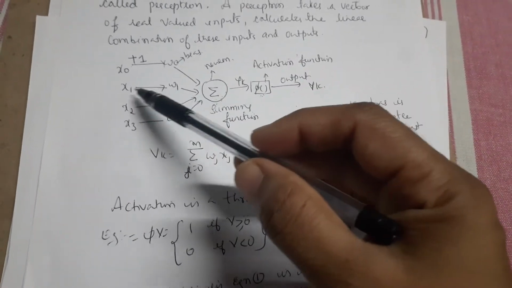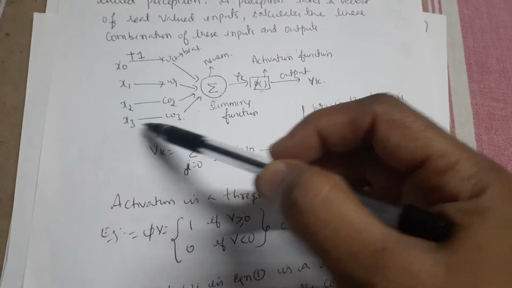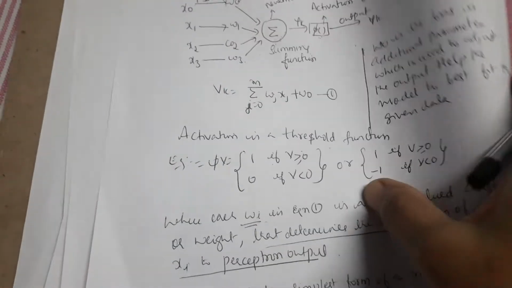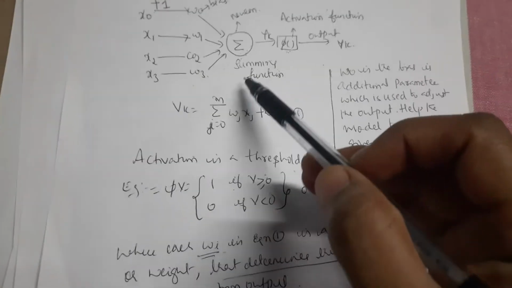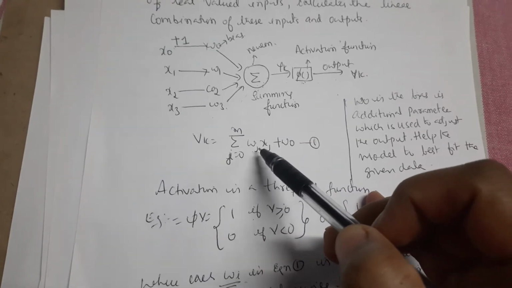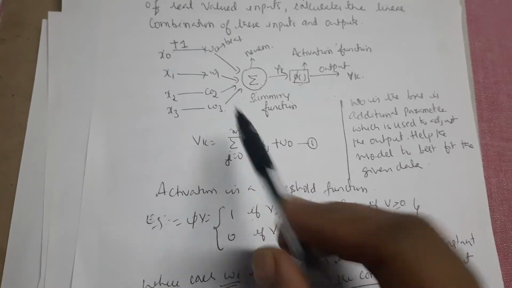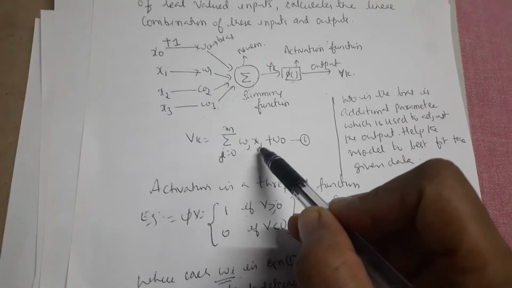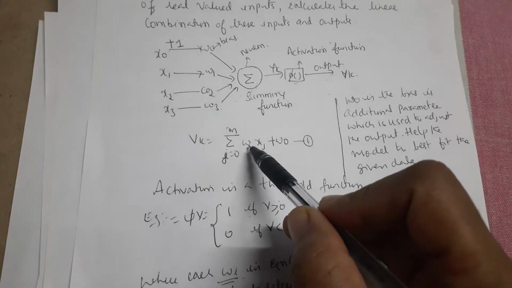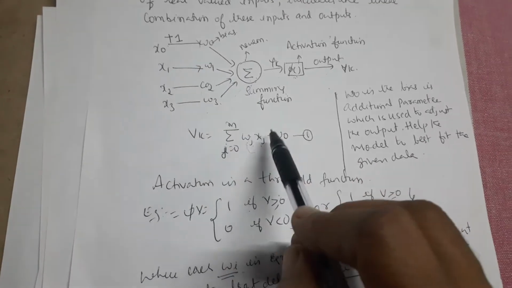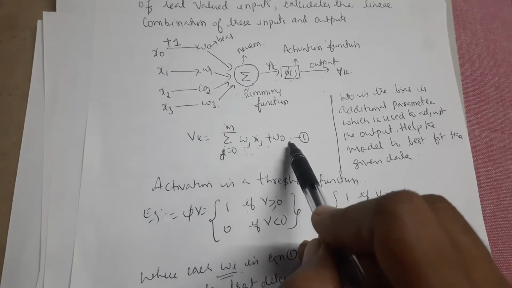How much contribution these inputs are providing to an output, that is nothing but the weights. So here Vk is nothing but multiplying each input x with its weight, plus the additional bias. I already told for what purpose the bias is used.